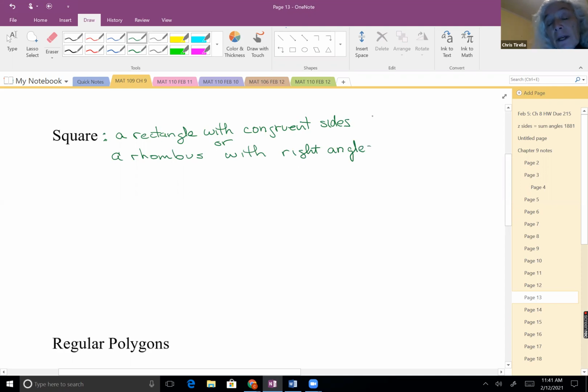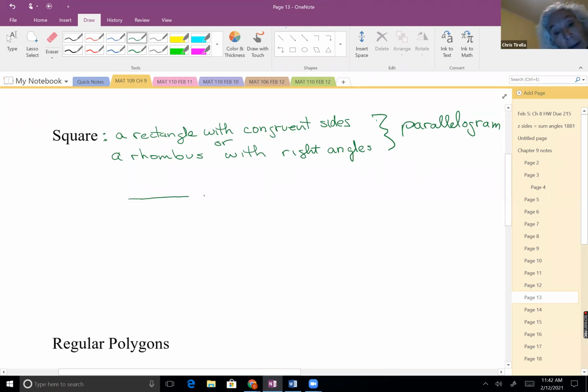And either definition, a rectangle is a parallelogram, and a rhombus is a parallelogram. So a square is a very special parallelogram.